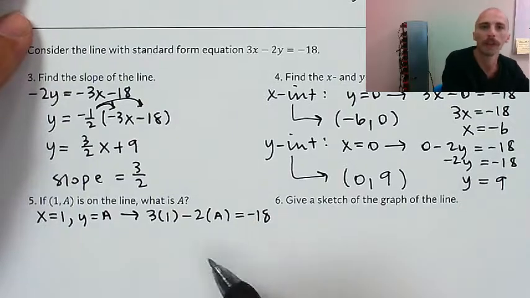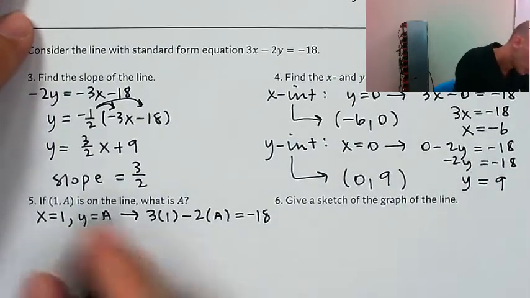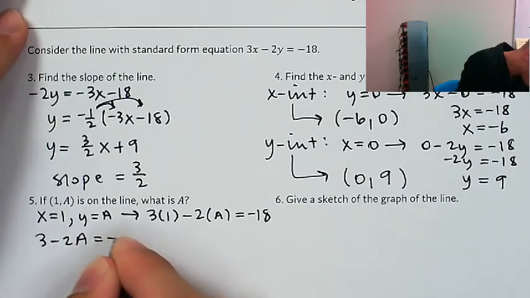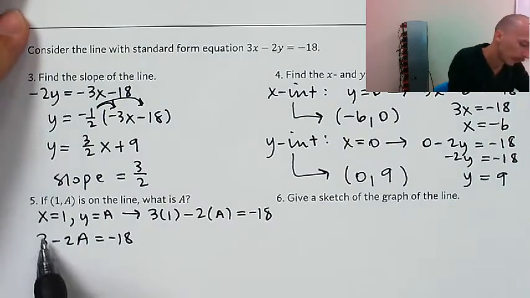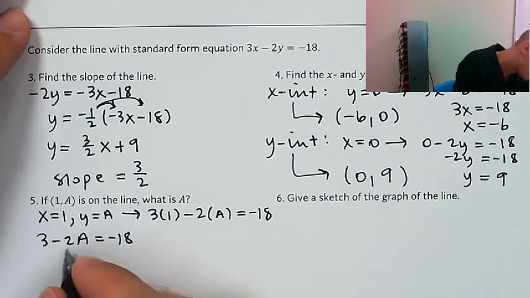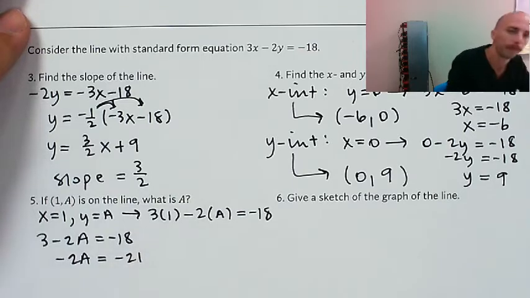Now we're back to what we did last time, where we solve for a. It's one variable. We know how to do this. So this is 3 minus 2a equals negative 18. Maybe I'll subtract 3 from both sides. So that would be negative 2a equals negative 18 minus 3 more, which is negative 21.